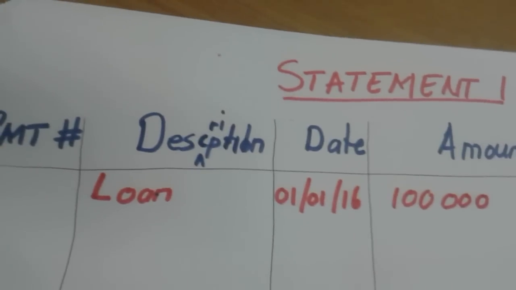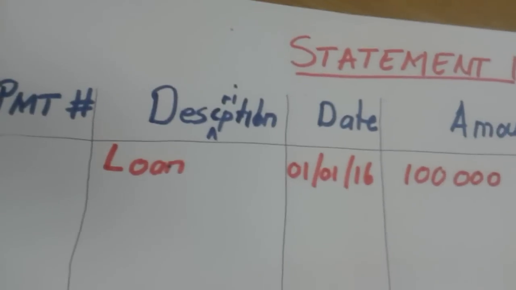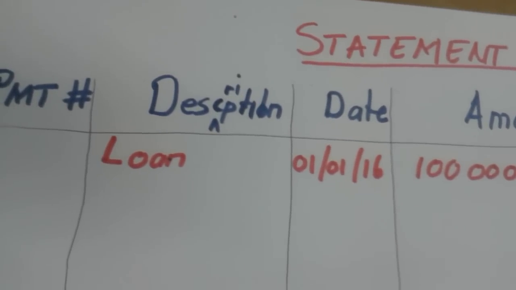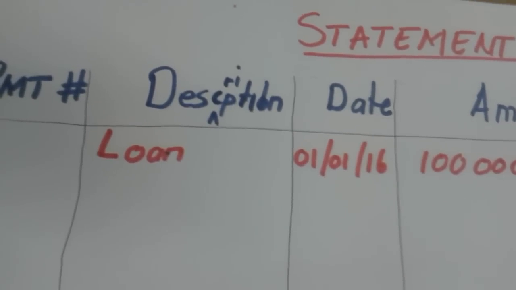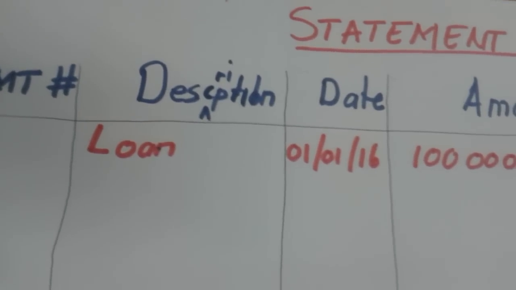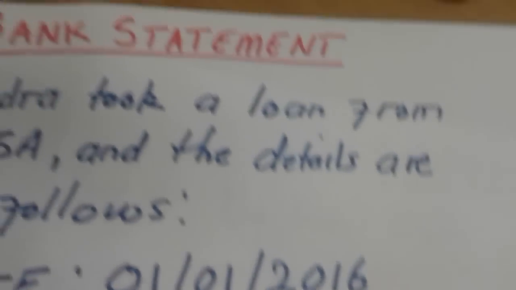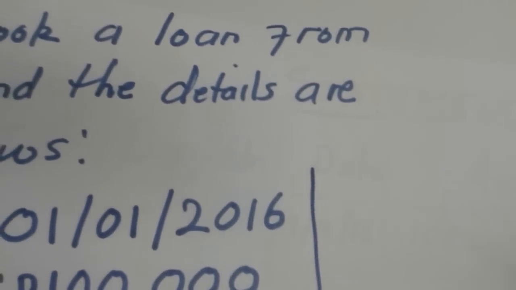Now, there's one thing that I forgot to add on that first page that I wrote about the loan. Let's say this bank, Absa, they charge a monthly fee. So let's add the monthly admin fee.